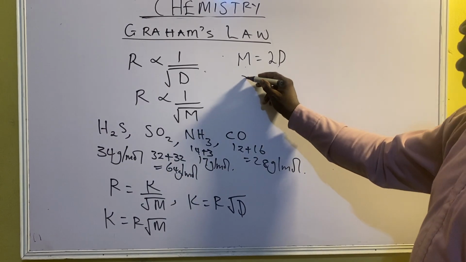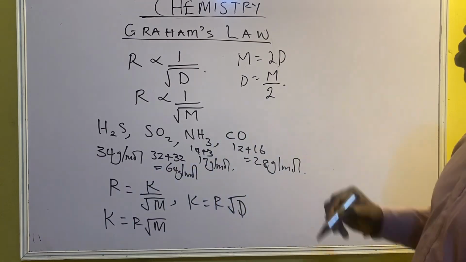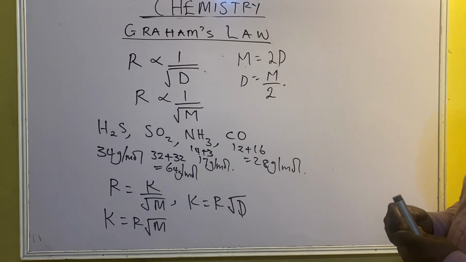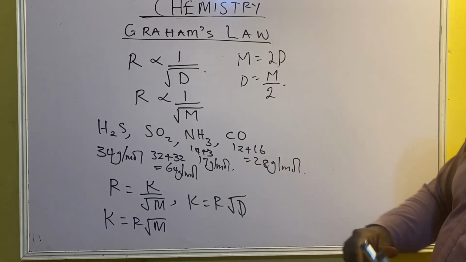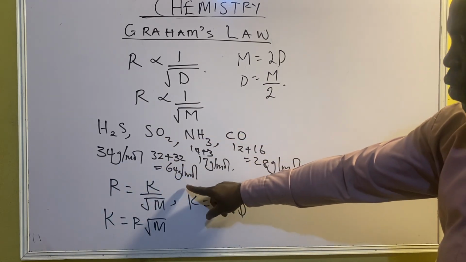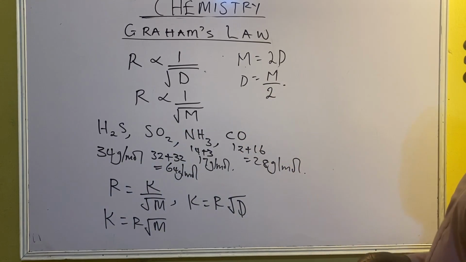So in other words, density is molecular weight divided by 2. That is very important. If the molecular weight of sulfur oxide is 64, what's going to be the density from this calculation? You can see that the density is going to be 32 as you divide it.